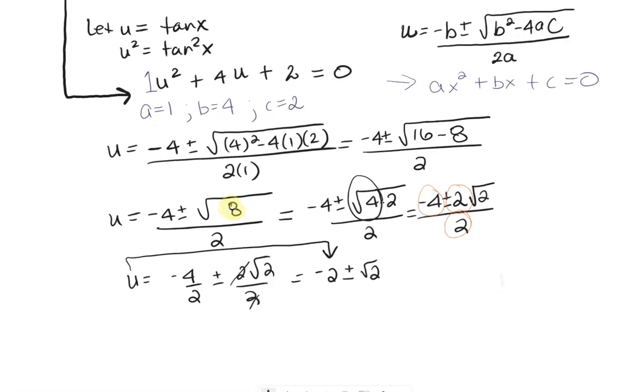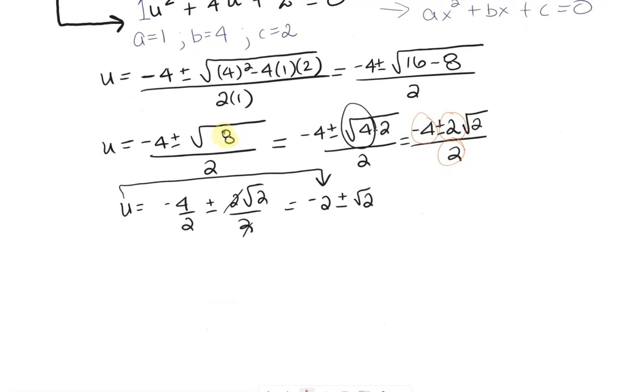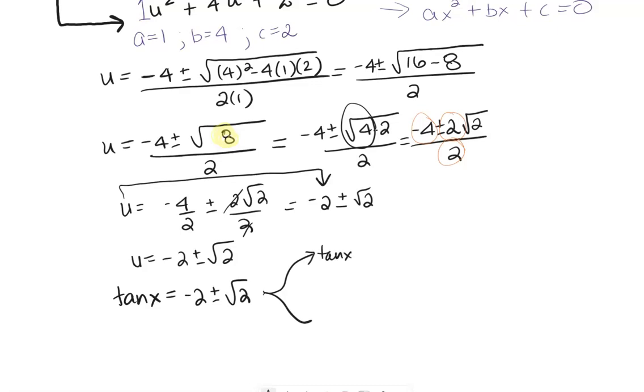Now what is u? Well, earlier u is tan x. So u equals negative 2 plus or minus square root of 2 becomes tan x equals negative 2 plus or minus square root of 2. Therefore tan x equals negative 2 plus square root of 2 and also negative 2 minus the square root of 2.